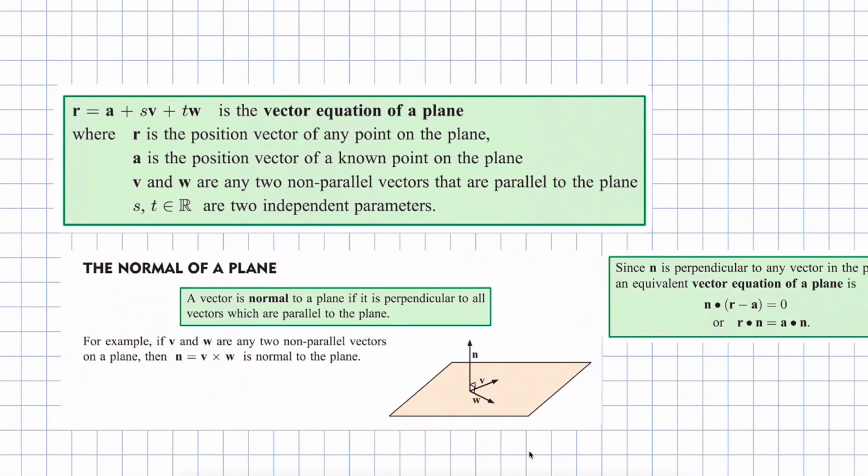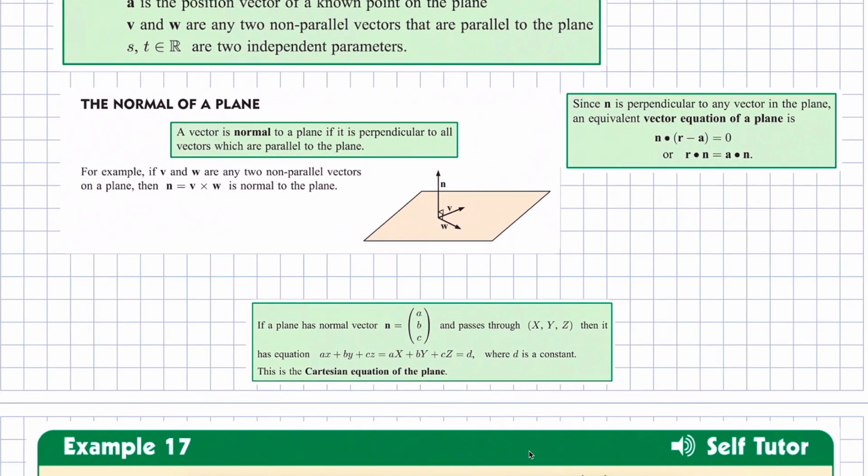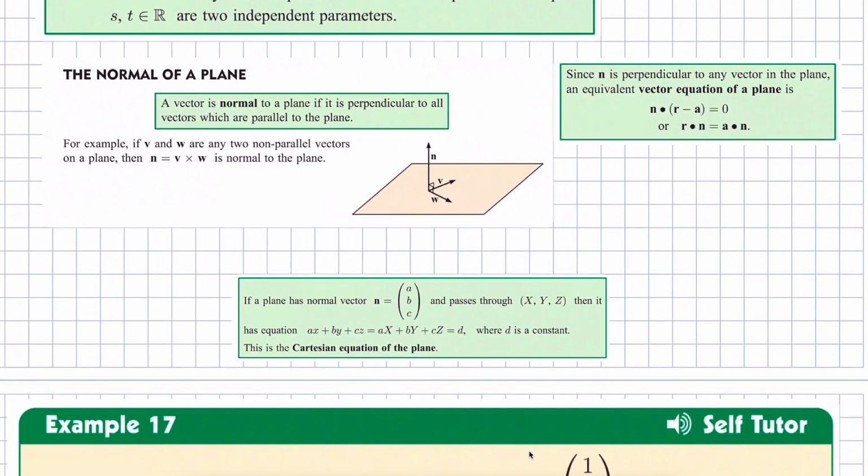What we're going to do is use this idea here, which gives us a much more useful equation to deal with. We start by saying, if I've got two vectors that are parallel to the plane, one thing I could do is calculate a normal, a vector perpendicular to those.